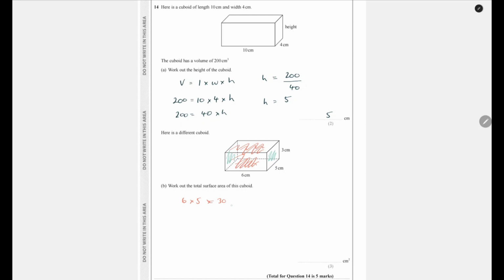We know that there's 4 of these sides, so it's 30 times 4, which is equal to 120 centimeters squared. For the smaller sides, we have 3 times 5, which is 15, and there's 2 of them, so 15 times 2 is 30 centimeters squared. And so to get the total, it's 120, add 30, which is 150. So the total surface area of this cuboid is 150 centimeters squared.